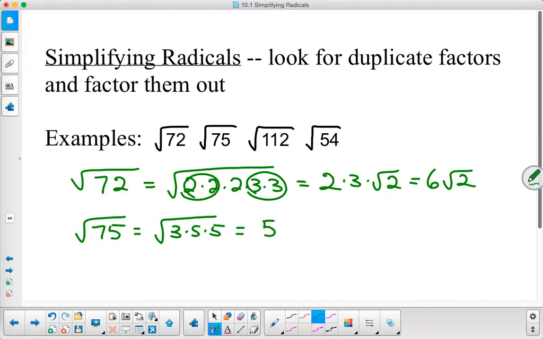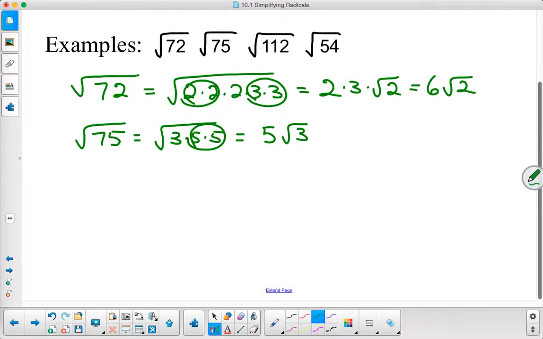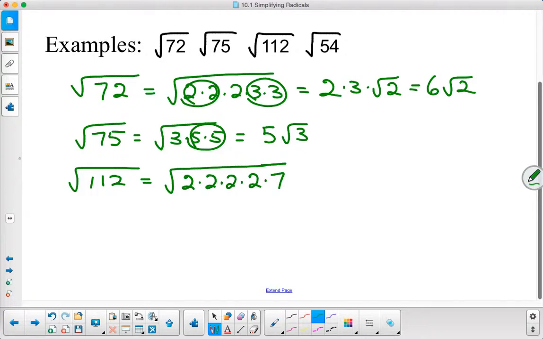So that one had a pair of 5's. 112. Okay, so there's a pair of 2's, there's a second pair of 2's, and there's an extra 7.